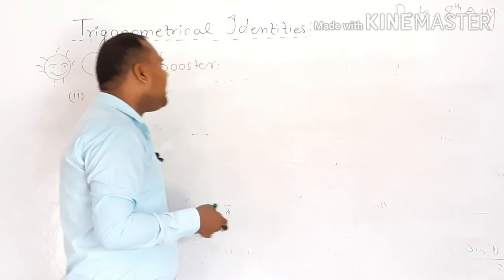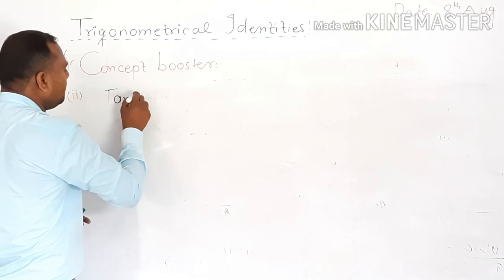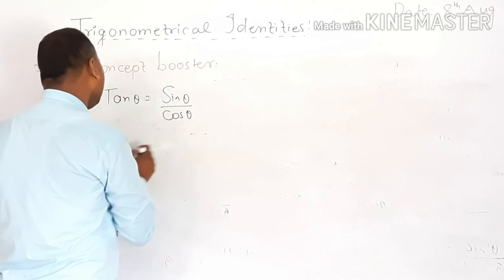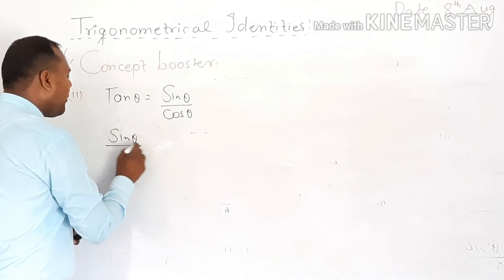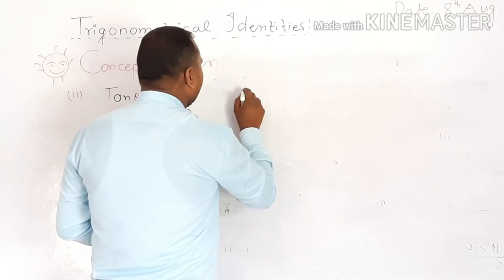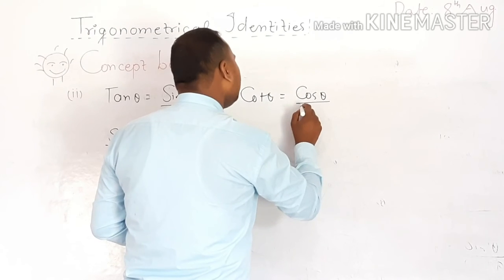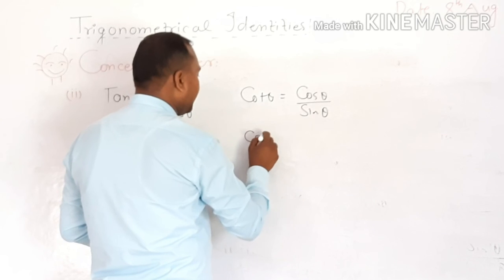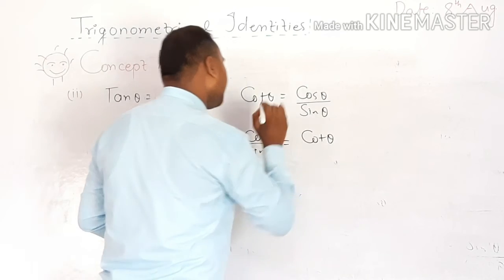So the formula is tan theta equal to sin of theta upon cos of theta, or sin theta upon cos theta equal to tan theta, as well as cot theta equal to cos theta upon sin theta, or cos theta upon sin theta will be equal to cot theta.